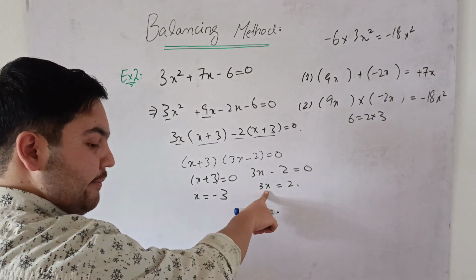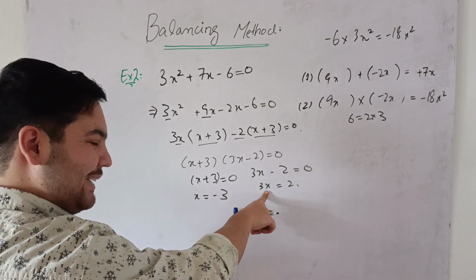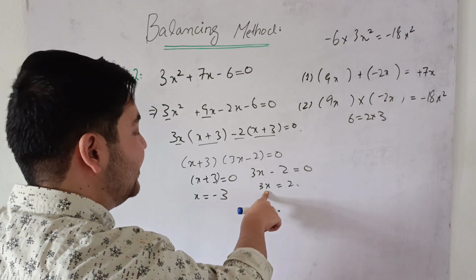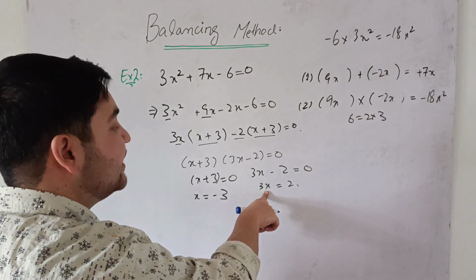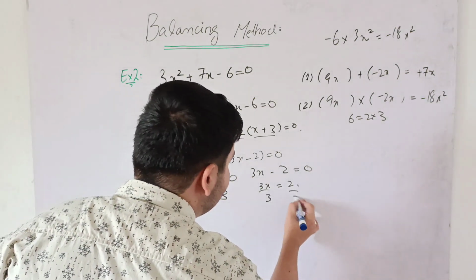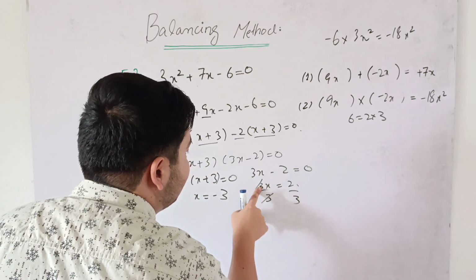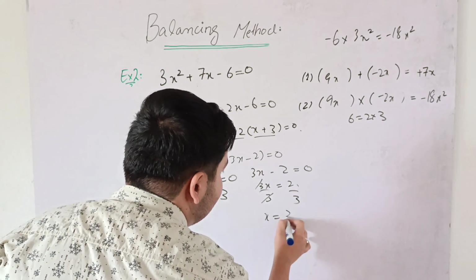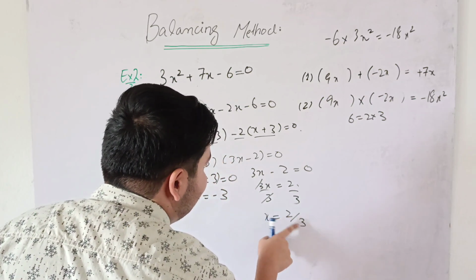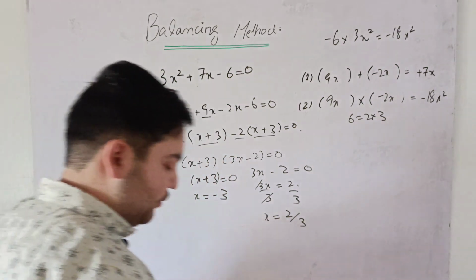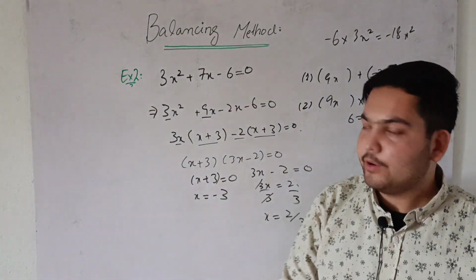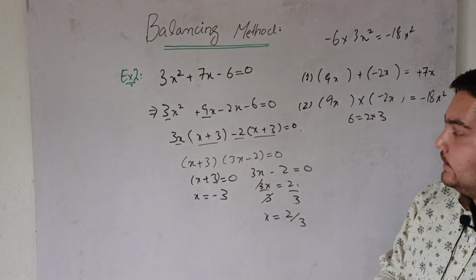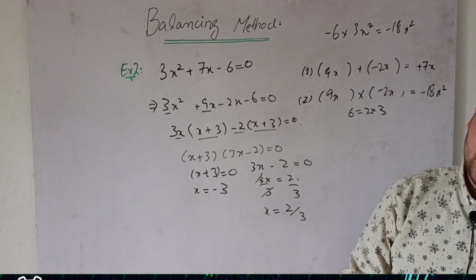We must find the value of x, so we cancel the 3 by dividing both sides by 3, and x is equal to 2 divided by 3. We have the two roots. Thank you so much for watching my video. In the next lecture we will discuss the quadratic formula.